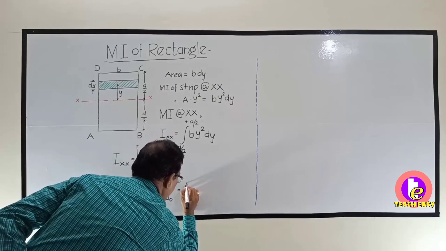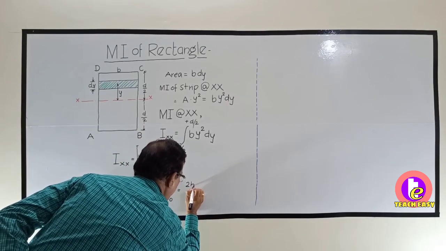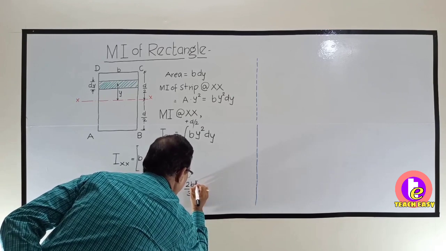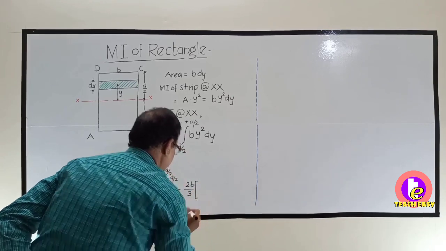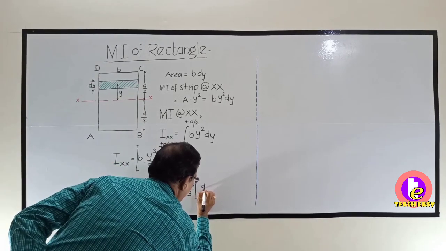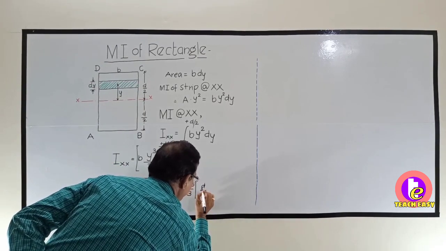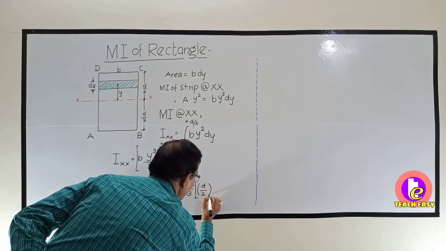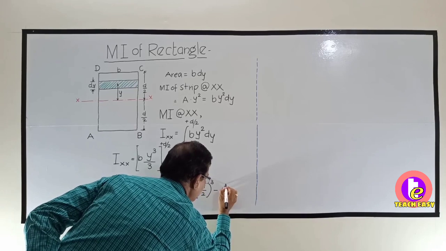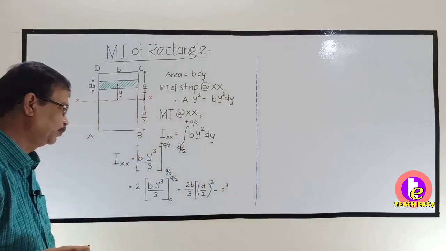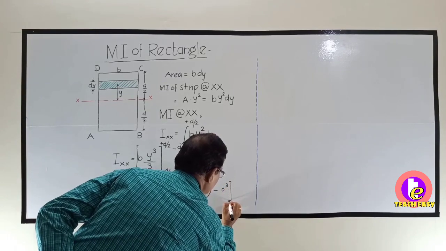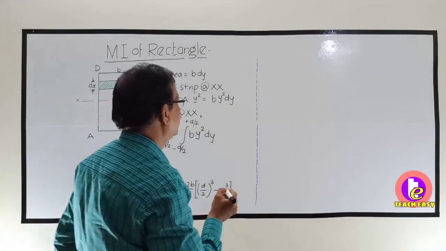So it will be 2b upon 3 into bracket, y cube means d by 2 cube minus 0 cube.